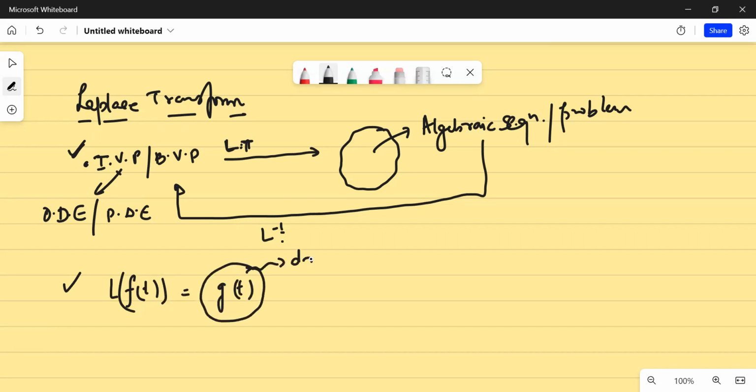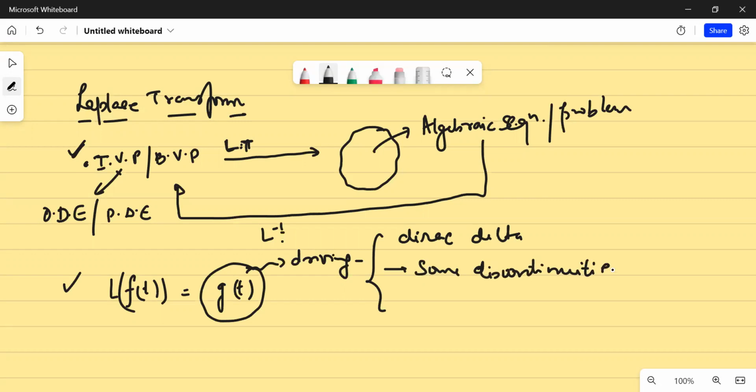This driving term contains some Dirac delta kind of thing, or probably has some discontinuities, like a unit step function is given on that side.